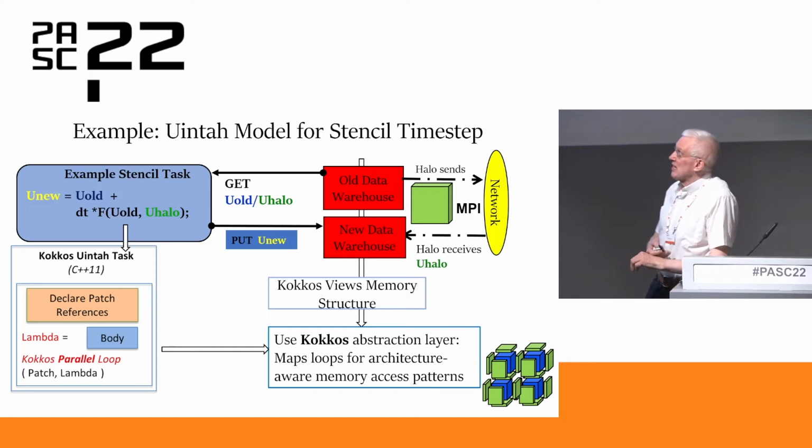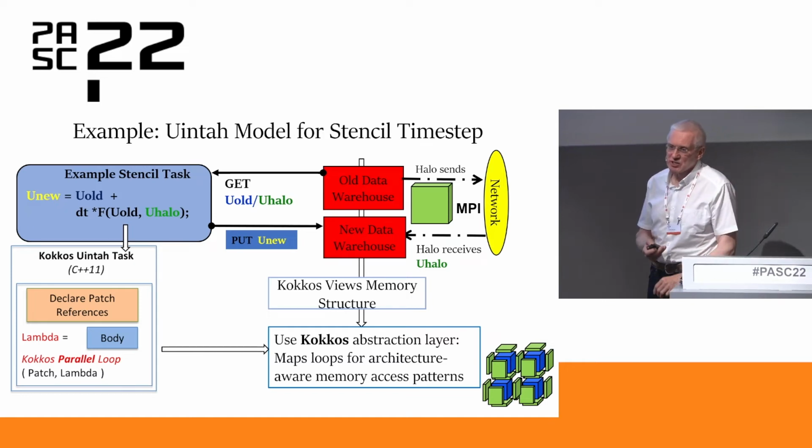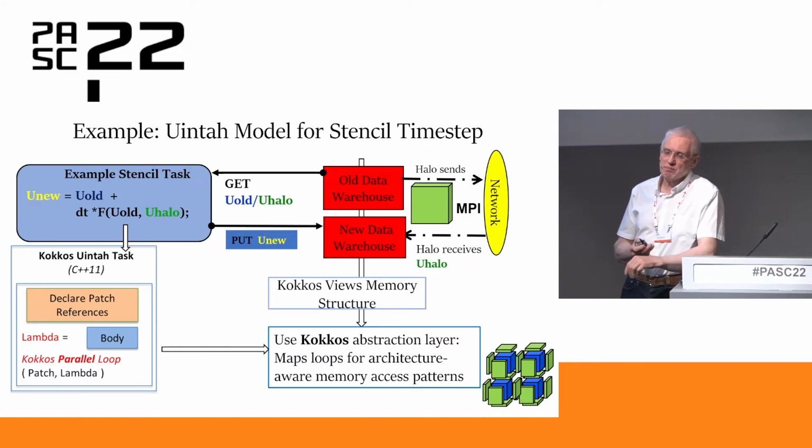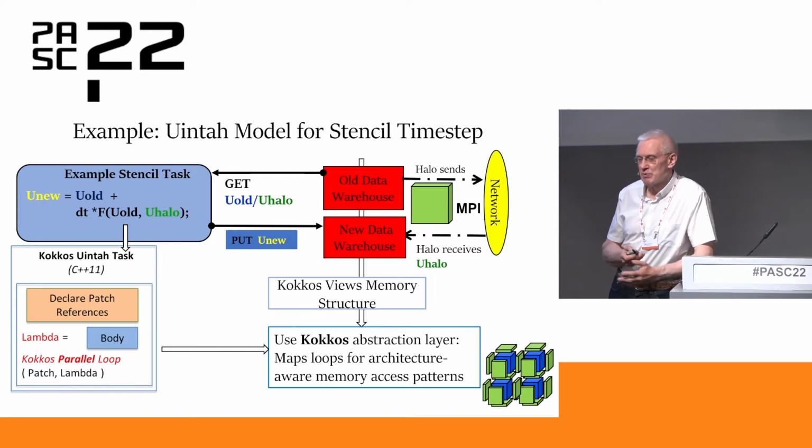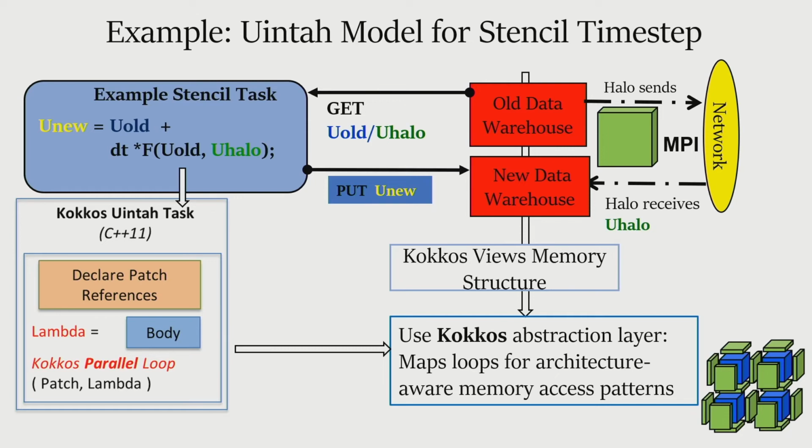If you look at a stencil, what happens inside a stencil is pretty straightforward for a time-stepping code. What we have is a data warehouse, an old data warehouse. We move information across in terms of the solution. So the task picks up the uold plus the halos in green. Remember the blue blocks and the halos. And then we do an incremental time step calculation.